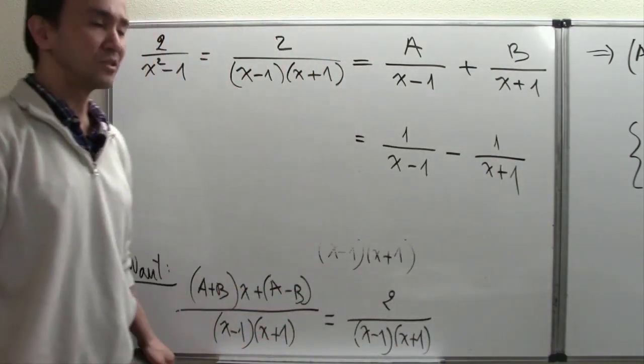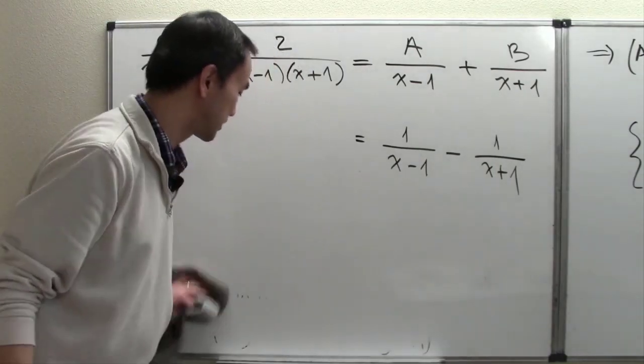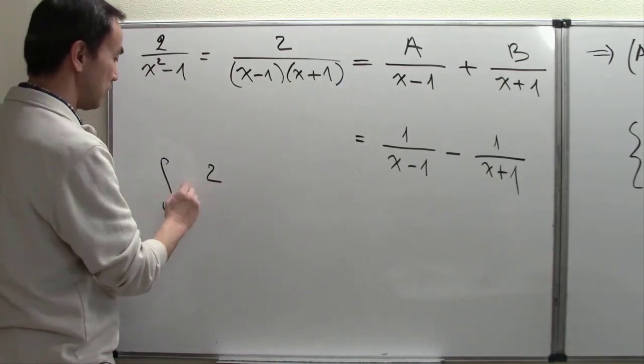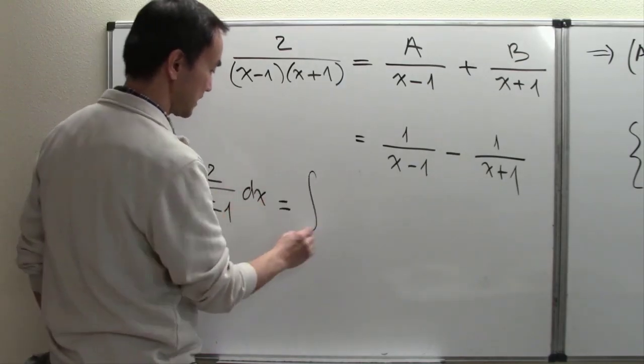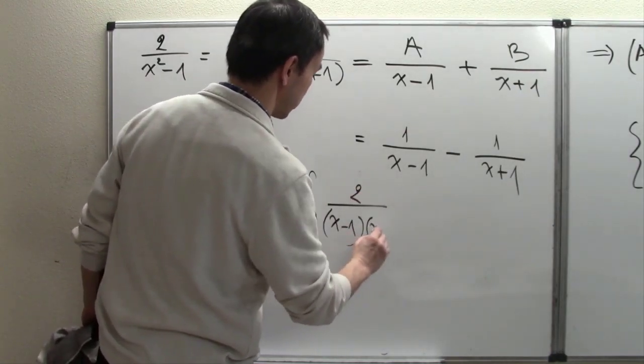This is the reason why earlier in the problem, when I was doing this integral, 2 over x squared minus 1 dx, I turned that into factored form, 2 over x minus 1 times x plus 1.